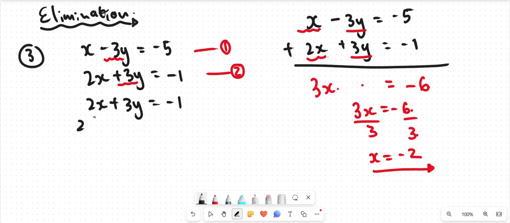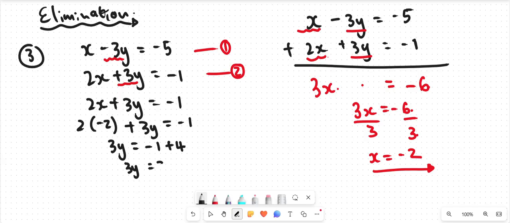I substitute for x, which is negative 2, and I have to solve for y. So 3y is equal, that will give me a negative 4, but when it goes to the other side, it's a plus 4. So 3y is equal to a 3. Divide by 3, divide by 3, and so y is equal to a 1.